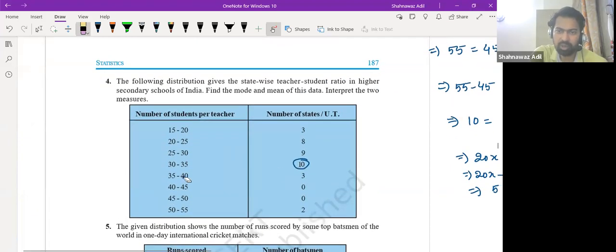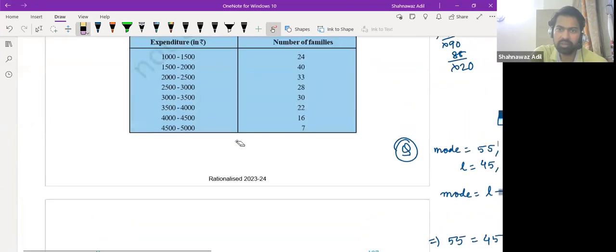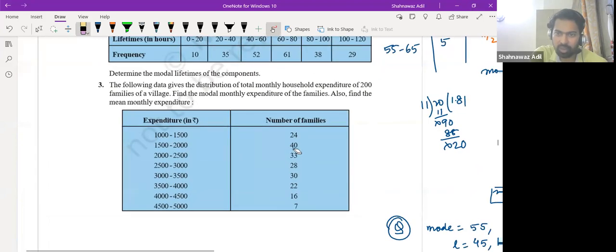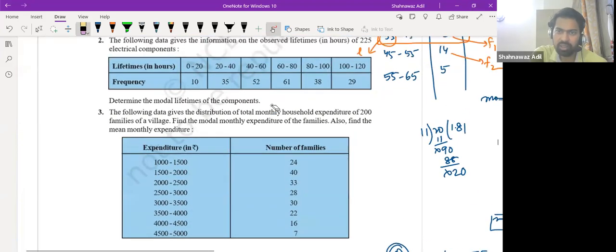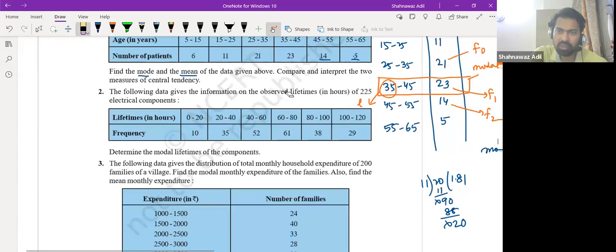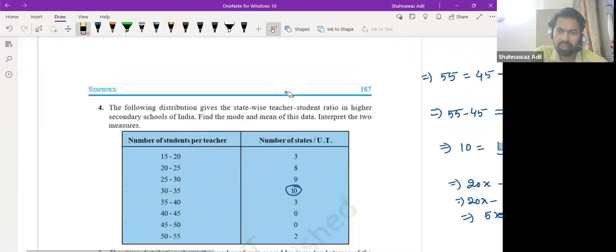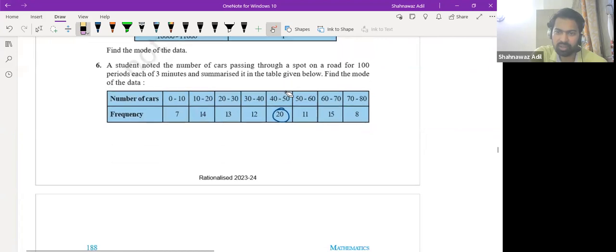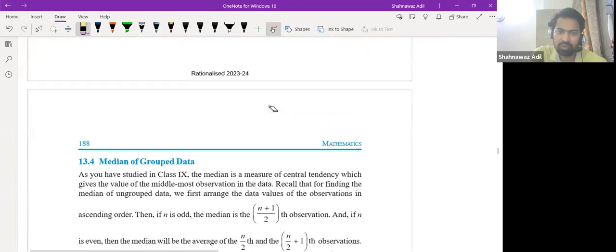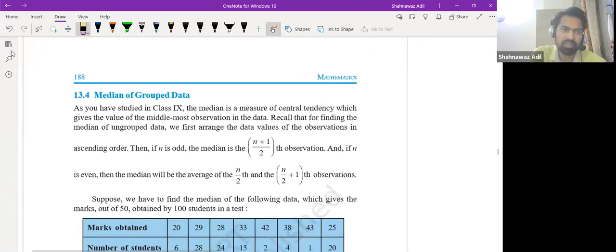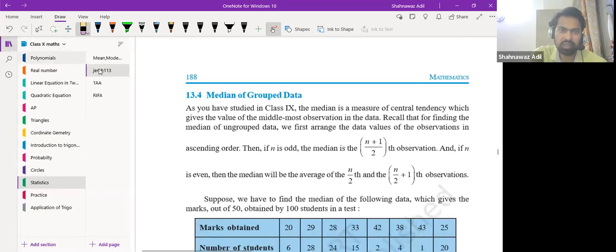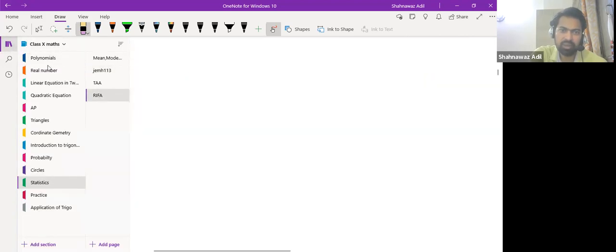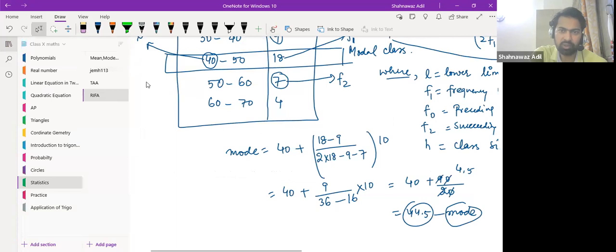So now you can see that all the rest of the questions are the same. You have this modal class, you have this modal class, and then you have this modal class. So all the rest of the questions are the same. Please do some questions, and then let us understand about the median of the grouped data.